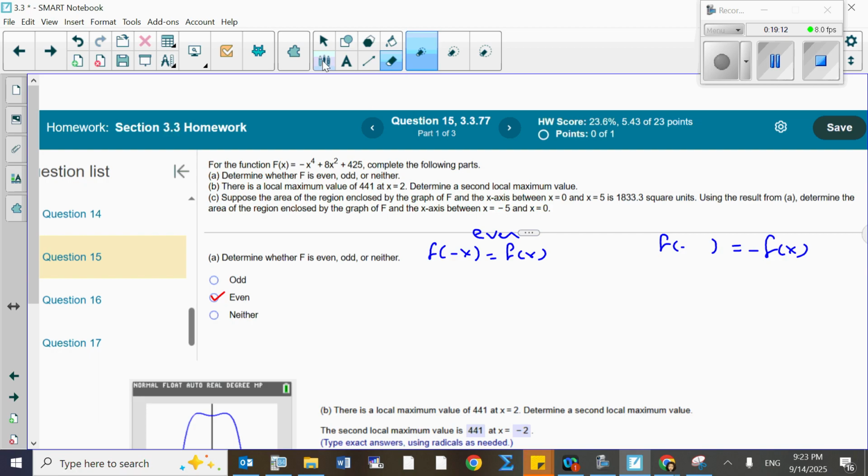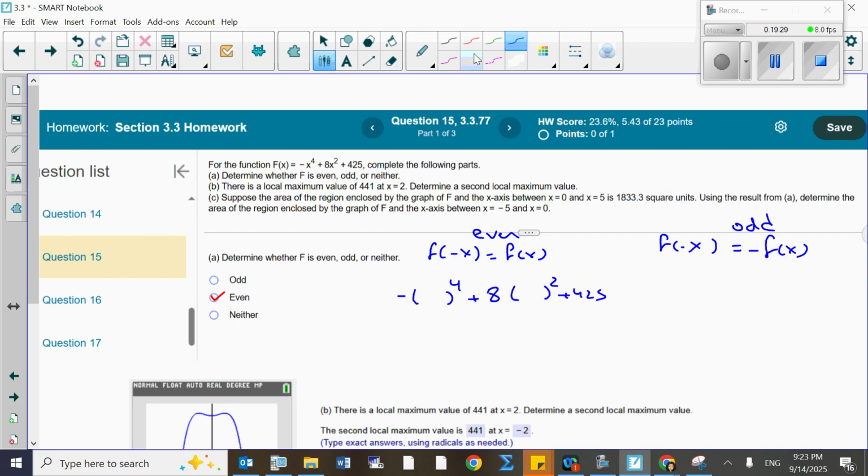So I'm going to try these and see which one is right. f of negative x will be negative, instead of x to the power of 4, and here 8, x to the power of 2 plus 425. I'm going to replace negative x and see what I will have after that.